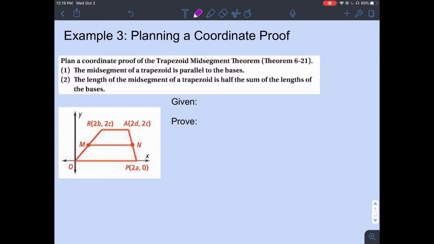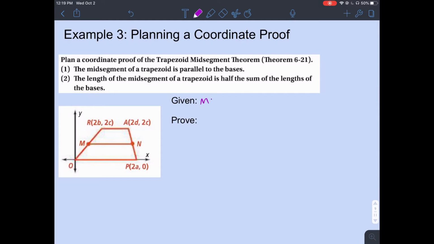What they've given us is that MN is the midsegment of trapezoid ORAP. So that's what they told us.